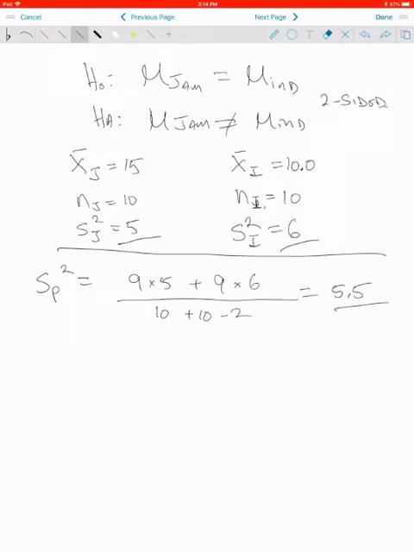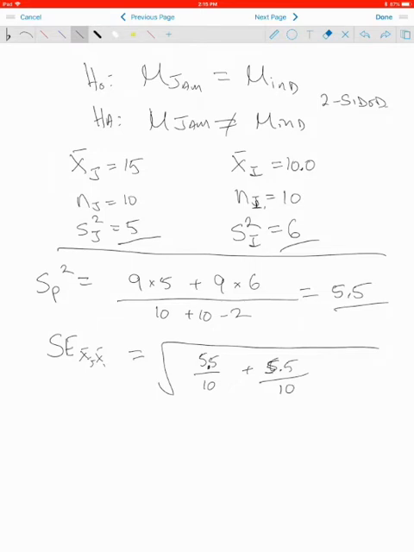Okay, so now that's fine, we need the standard error of the difference in means, Jamaica minus India, and for that it's the square root of the pooled variance divided by the sample size for Jamaica, plus the pooled variance divided by the sample size for India.